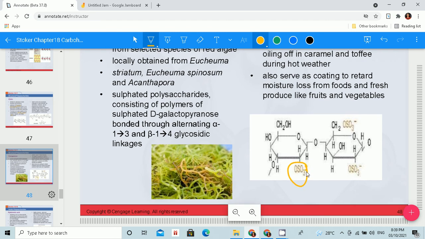Okay, so as we can see, class, this is a galactose. Yes, this is a galactose.